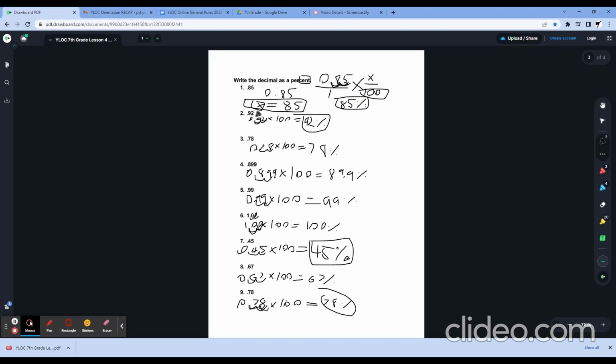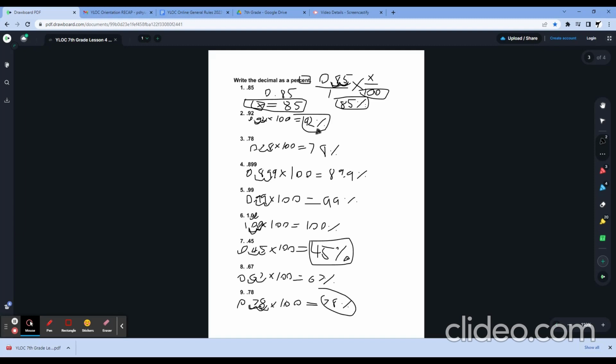So we just want to take the given decimal, in this case 0.92, and multiply it by 100. Using the shortcut of moving the decimal point 2 places to the right, because remember 100 has 2 zeros, 0.92 becomes 92, and then add the percent sign, and 0.92 becomes 92%.